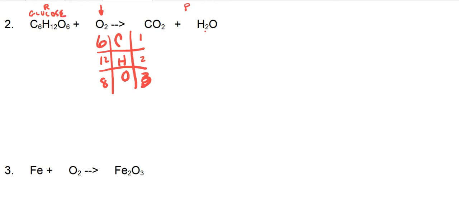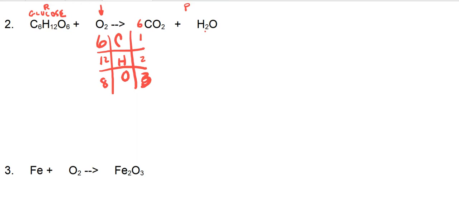There are different types of sugar, but this is the simplest sugar in photosynthesis. This is respiration. So you eat that sugar, you breathe in oxygen, and then what's made is carbon dioxide and water. So we have 6 pieces of carbon on the reactant side, so let's make 6 pieces of carbon on the product side.